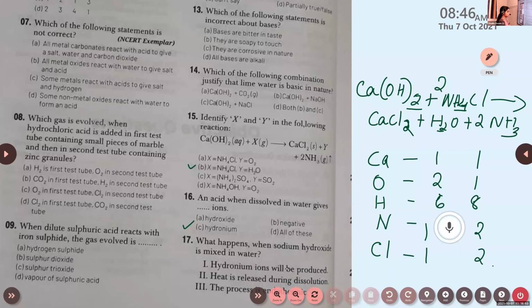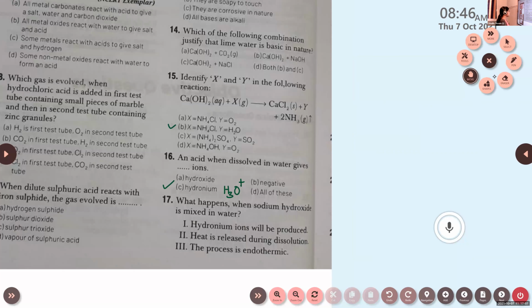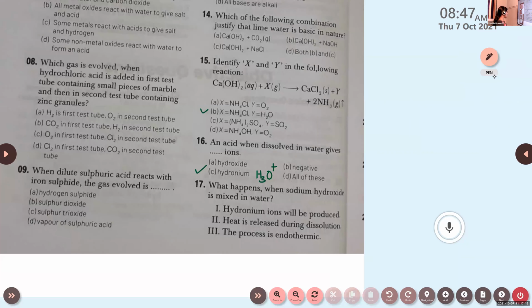Then question number 17. What happens when sodium hydroxide is mixed in water? Which type of substance is sodium hydroxide? Acid or base? It's a base, right?